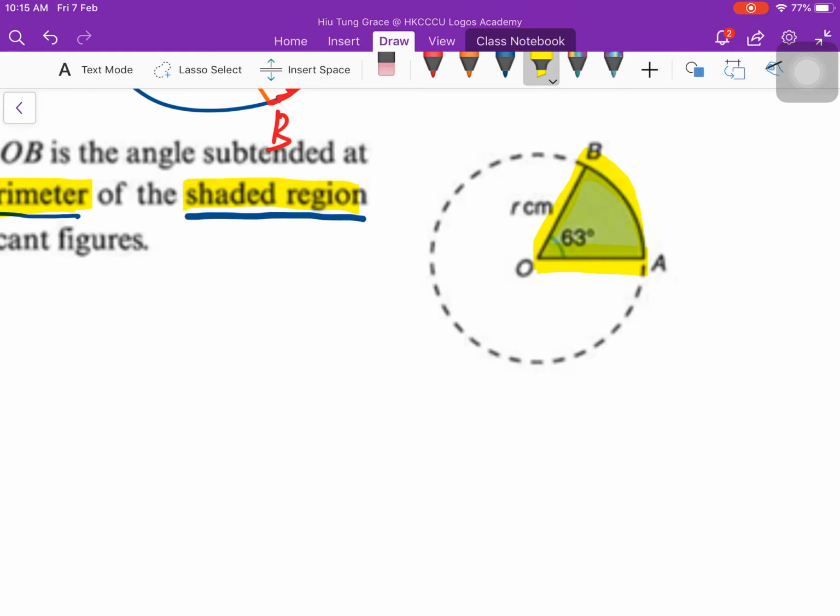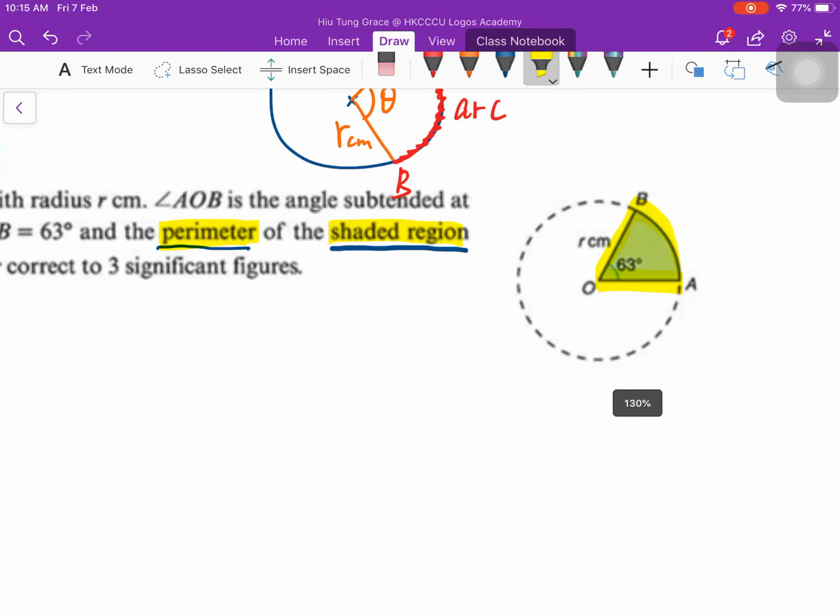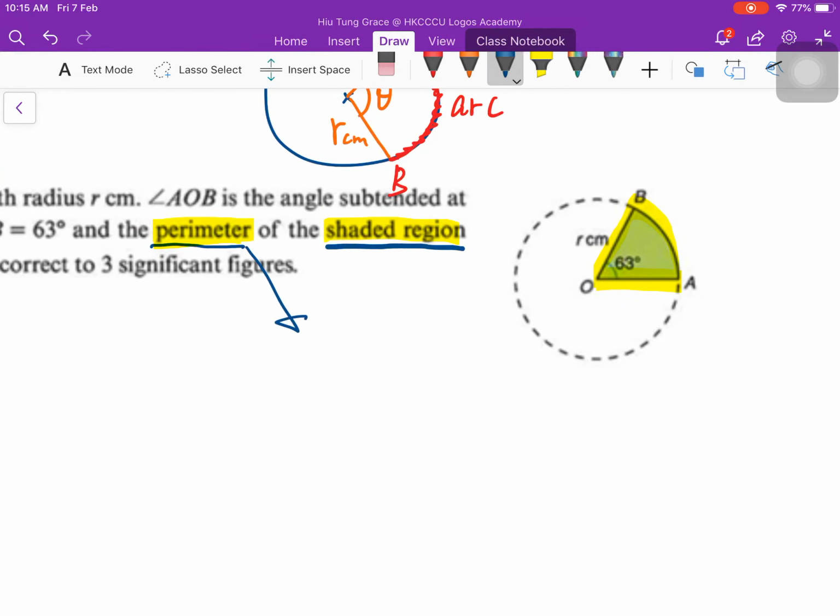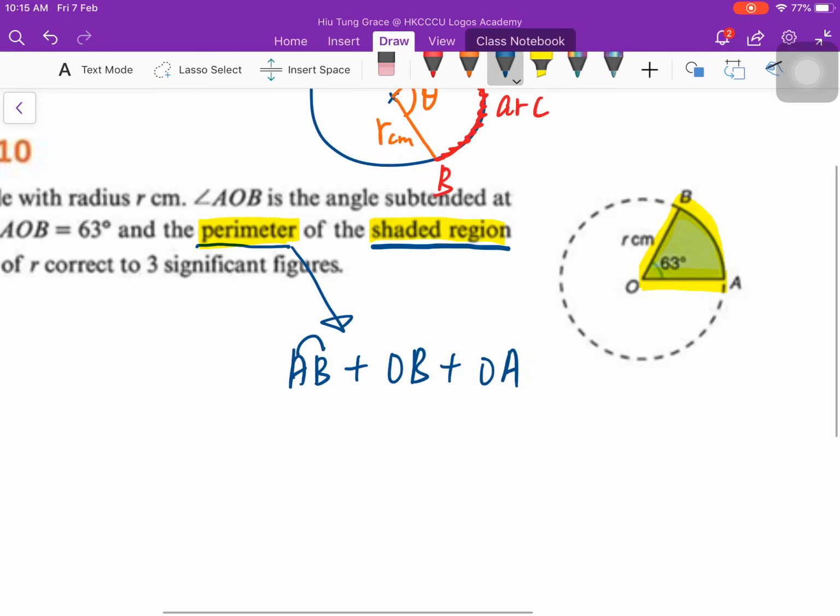So read the question carefully. This time you're given the perimeter, not just the arc length. It is equal to arc AB plus OB plus OA. This part, OB, is just the same as the radius, r cm, as well as OA, r cm.